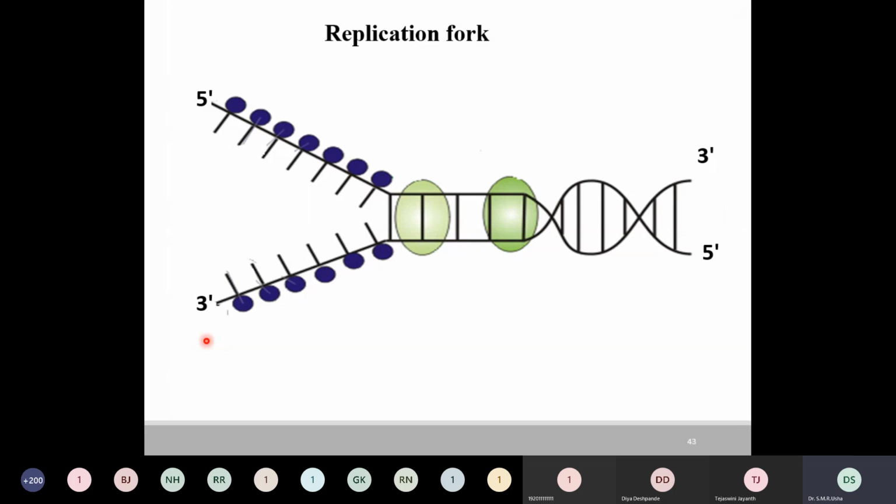Now we are coming to the replication fork. As I told you, there are 4 components of the replication fork. One is the helicase, then the single-stranded DNA binding protein. You see how the helicase has unwound the DNA and this protein is holding the 2 jaws of the DNA separately.